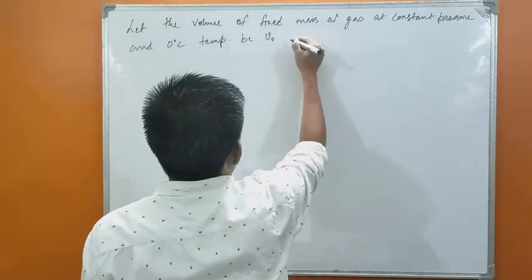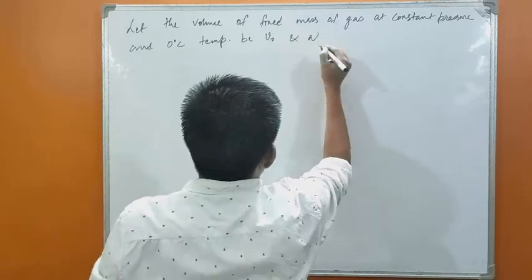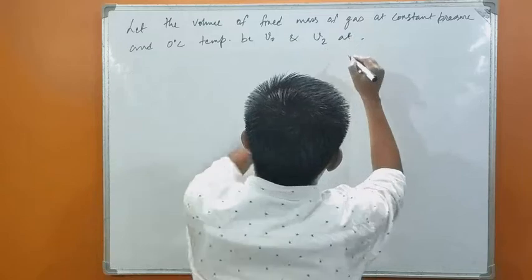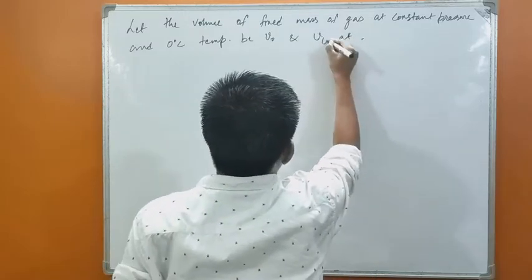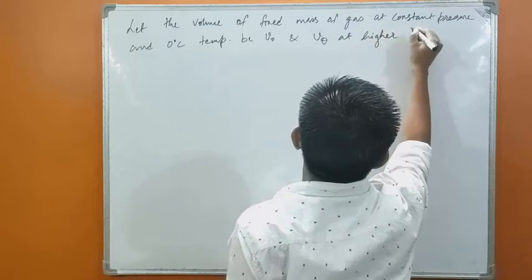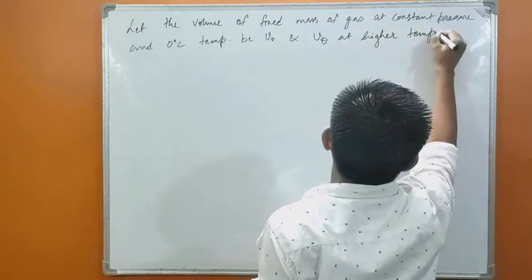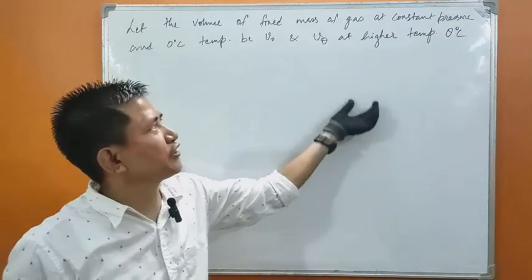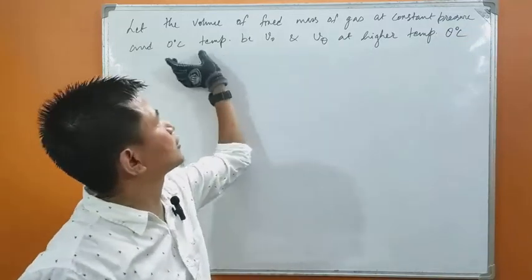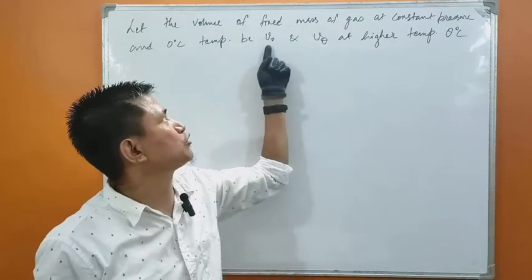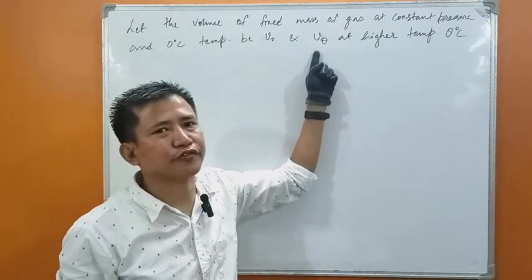Now, at higher temperature theta degrees Celsius, the volume is V theta. When the temperature increases from 0 degrees Celsius to theta degrees Celsius, the volume of the gas also increased from V naught to V theta.